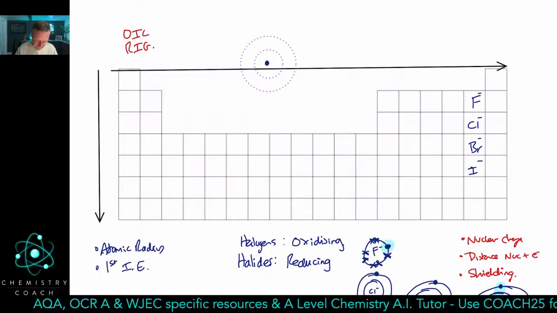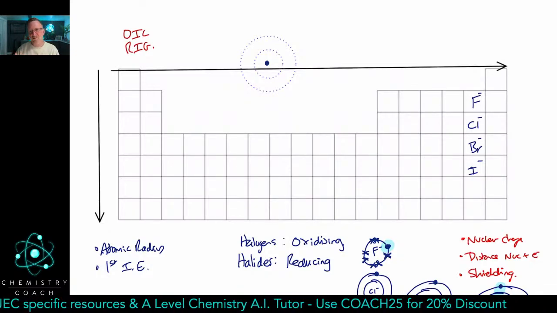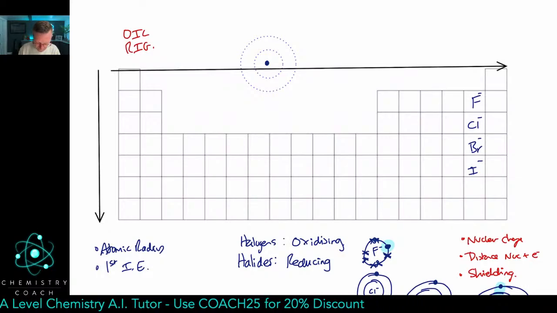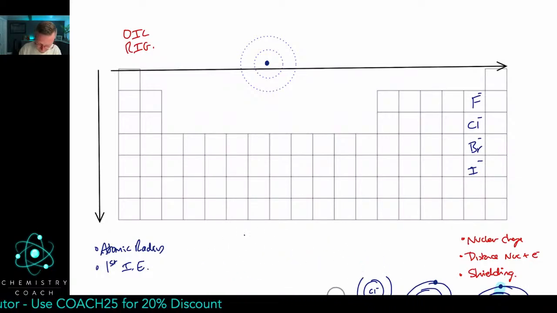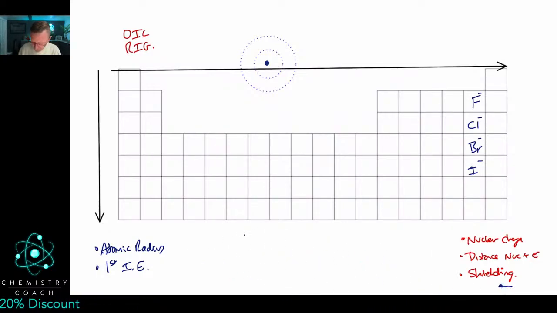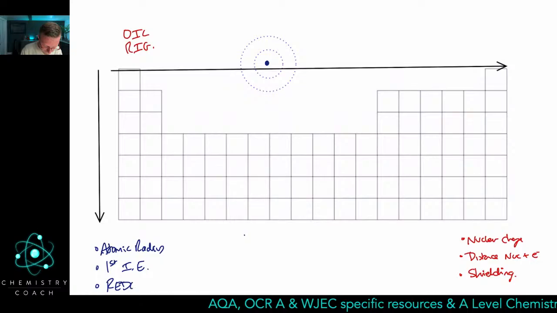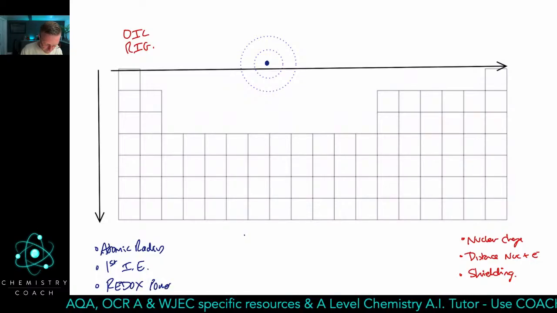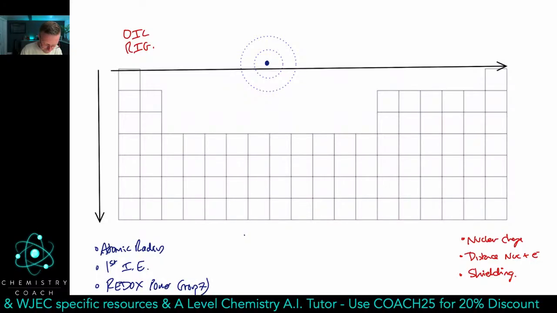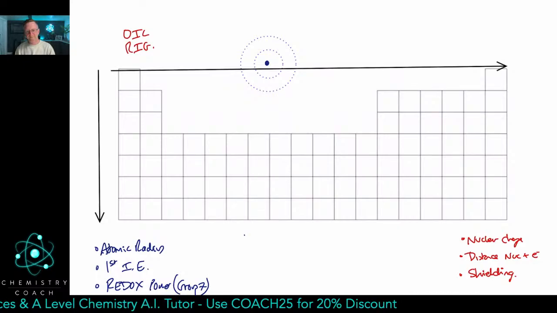Okay. Now, moving on. So that's the redox power using group 7s as a guide. So we've done first IE, we've done redox power of group 7, okay? So that's that understanding there.